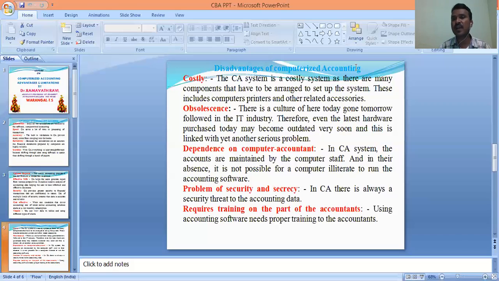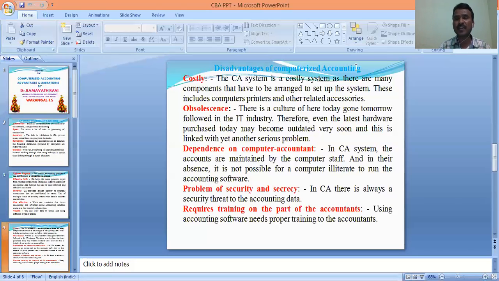But suddenly, Y does not attend duties on a particular day. So we have to wait until Y comes, and he has to enter those transactions. So X, even though he is present, is helpless, because dependency increases in the case of a computerized accounting system. But in a manual accounting system, such a dependency is not there.